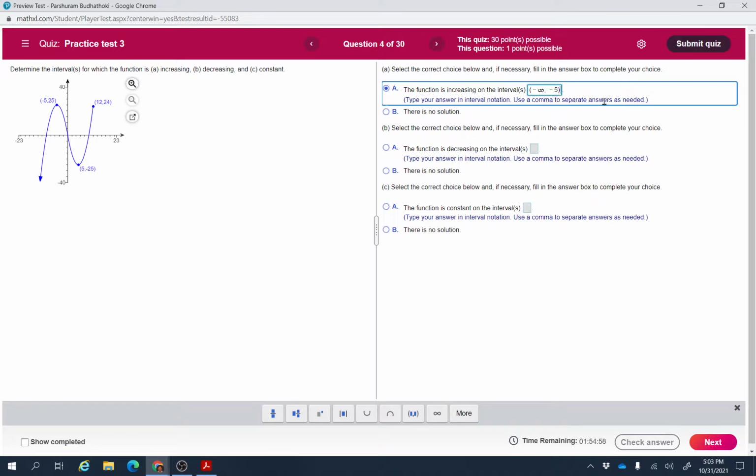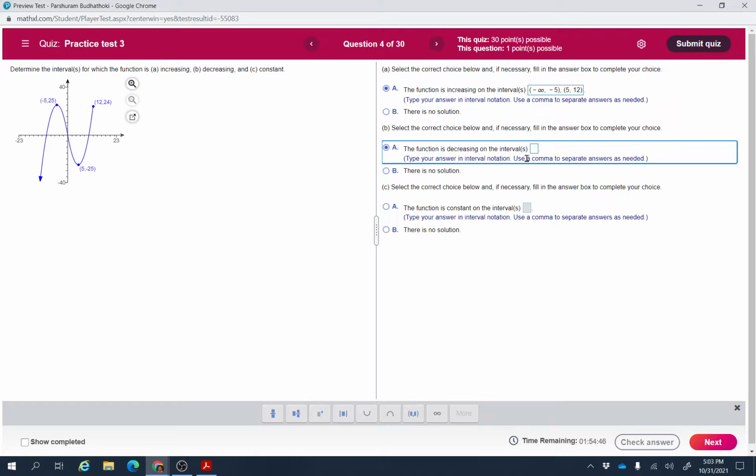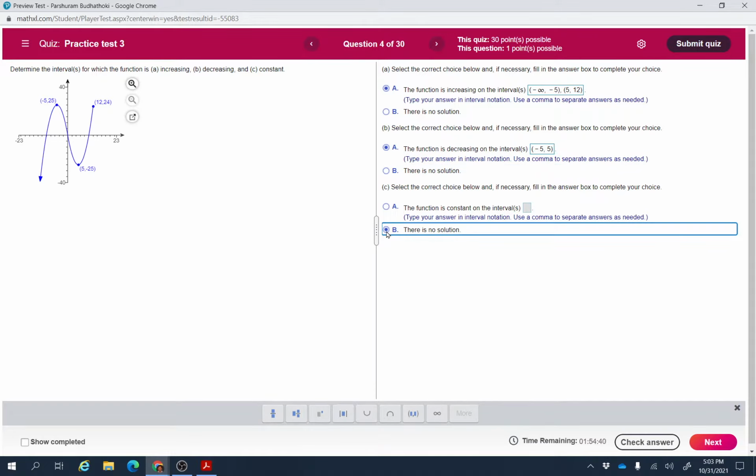Use commas to separate answers as needed. So we have two different intervals where the function is increasing: negative infinity to negative 5, and 5 to 12. The function is decreasing from negative 5 to positive 5, and there is no place where the function is constant, so there is no solution for the third one.